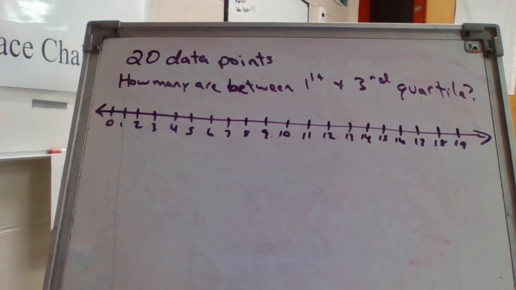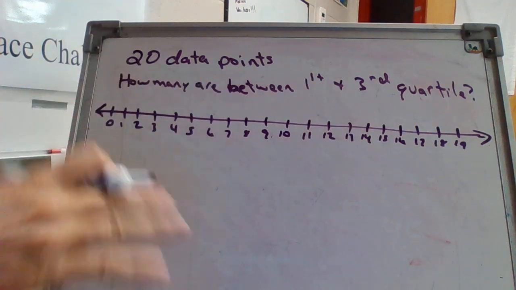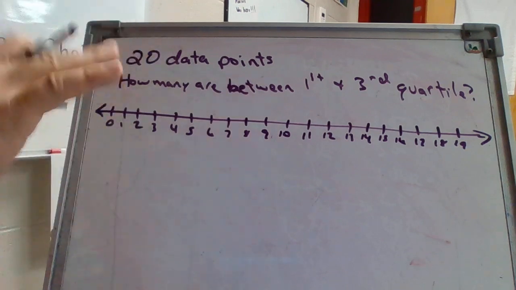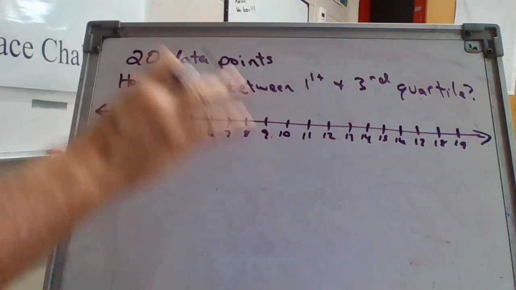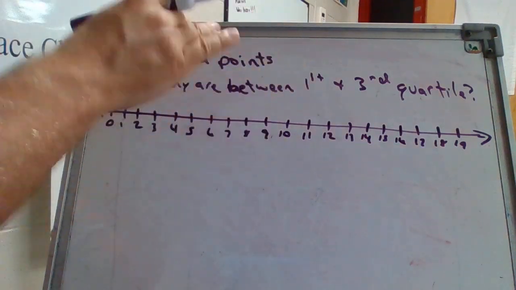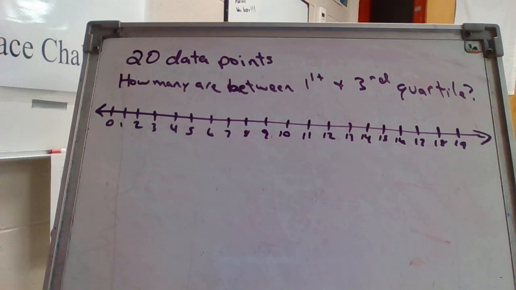What we're going to do today on the number line is create our first and third quartiles, and we'll list the first, second, third, and fourth quartile. We usually do it on top, but since I did it this way, we'll do it at the bottom. Just know that the information will be on top. Going forward, how many values are in a set between the first quartile and third quartile?